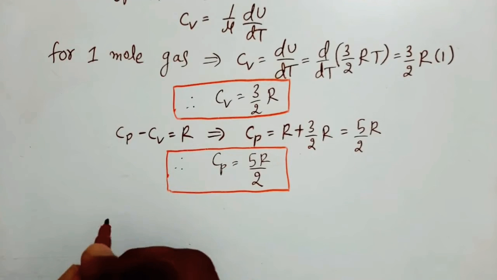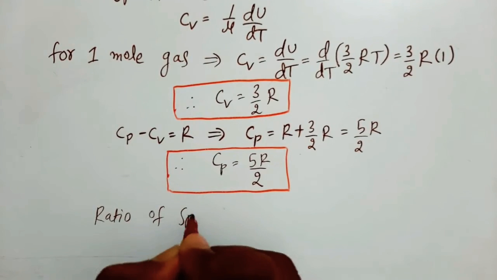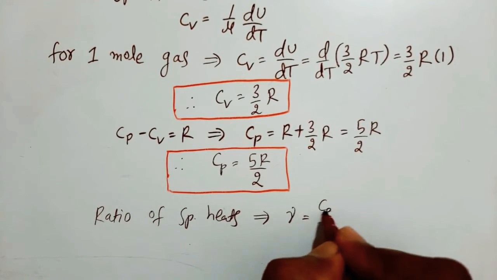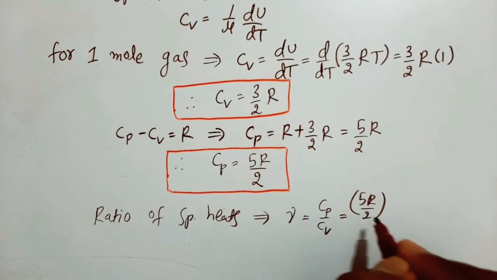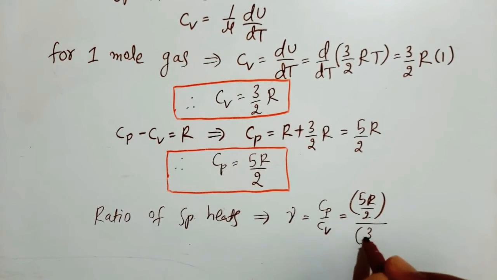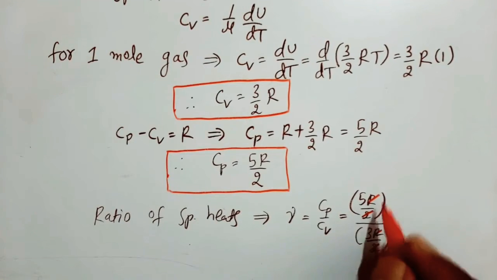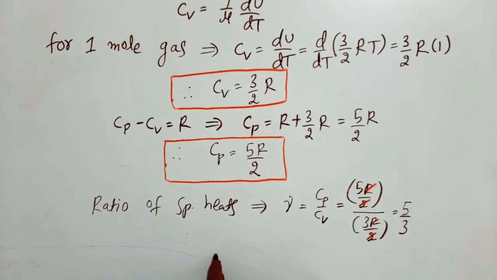The ratio of specific heat capacities gamma is Cp by Cv, where Cp is 5R/2 and Cv is 3R/2. Here R/2 cancels, so finally we get 5/3. Therefore, for monoatomic gas, the ratio of specific heats gamma is equal to 5/3.